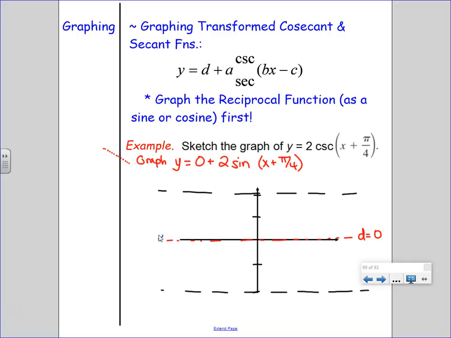We got our D, we got our amplitude, up to, down to, we got our middle of 0. Sine, what does it look like? Right? Starts in the center. The only way it'll be different is if there's a negative and then we'll flip it, but it's not a negative.